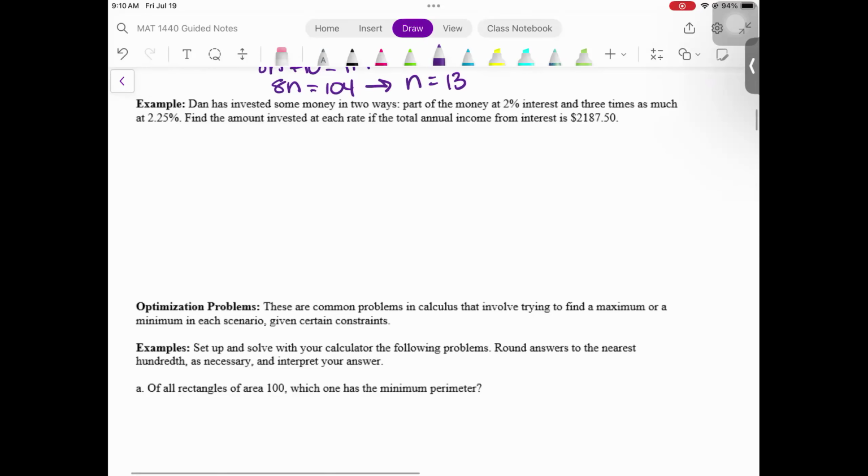So our total interest is equal to the interest from the 2% account plus the interest from the 2.25% account to give us our total interest.